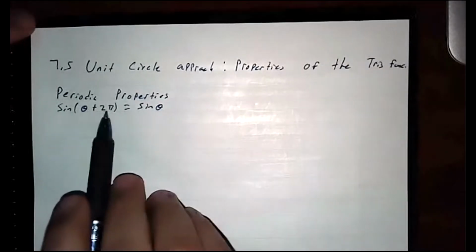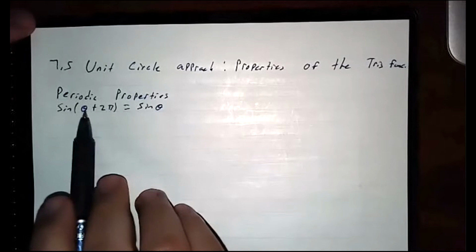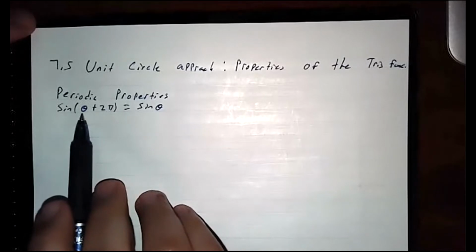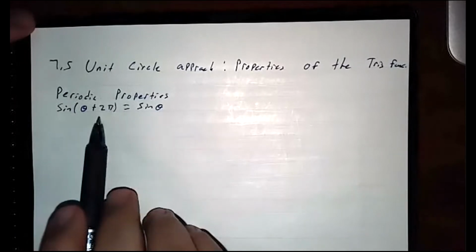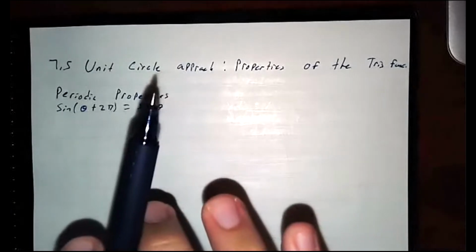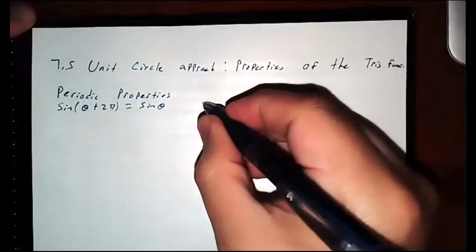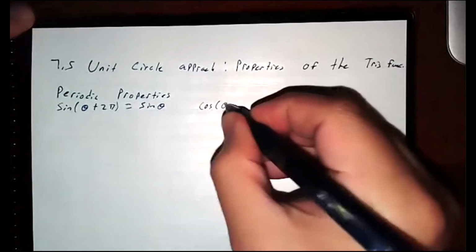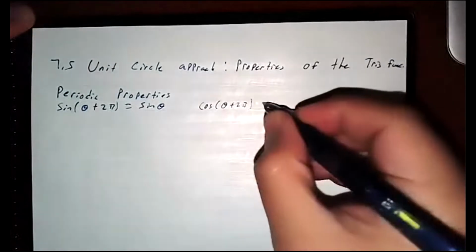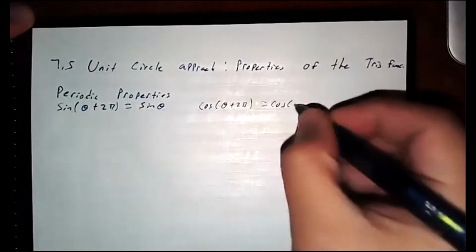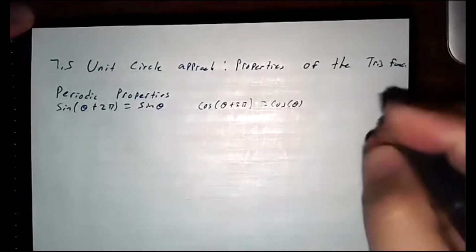We've known that if we keep adding circles, it's the same thing as the original angle, like 30 plus 360, I'm still going to land on 30. So cosine, same property. If I add 2 pi, that's the same as if I didn't do anything and I just had theta.